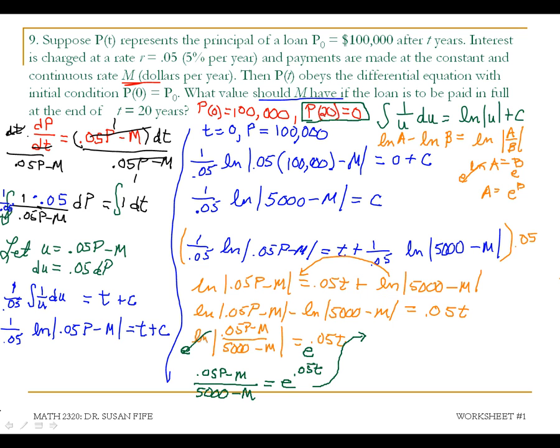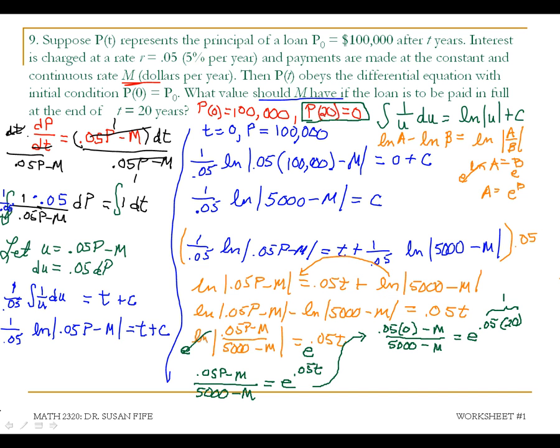Since my P is 0, I get 0.05 times 0 minus m over 5,000 minus m is equal to e to the 0.05 times 20. 0.05 times 20 is 1.